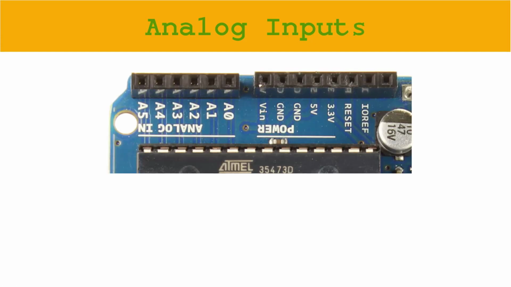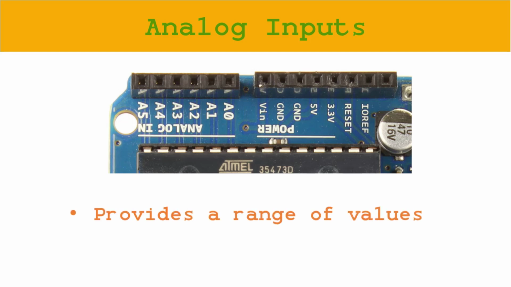In this section, we will learn about analog inputs. The Arduino board has 6 analog pins. These pins are labeled from A0 to A5. Unlike digital pins that can only read high or low signals, analog pins can read a range of values. To read the analog values, we will use a function called analogRead.